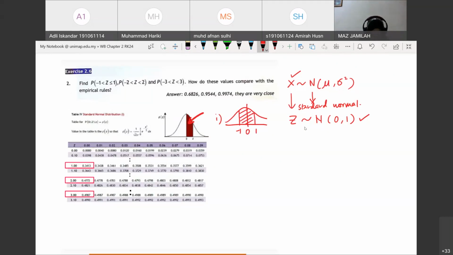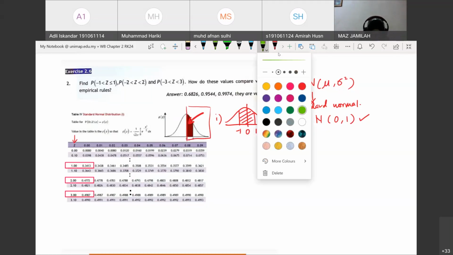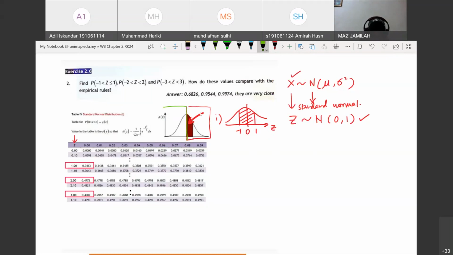If you look at your table of standard normal distribution, along the x-axis is the z value. So we are looking for the z value of -1 and 1. Since the probability value is given for this particular region, any discussion on this region in green is the same as in the red box, because we are talking about a symmetric distribution.